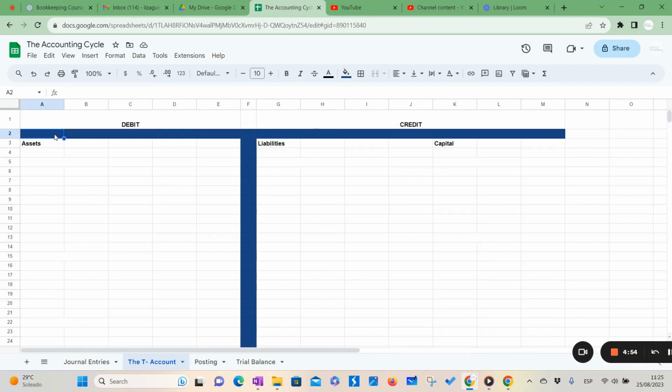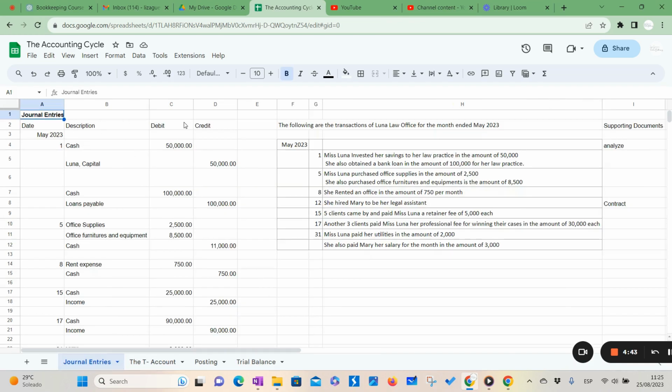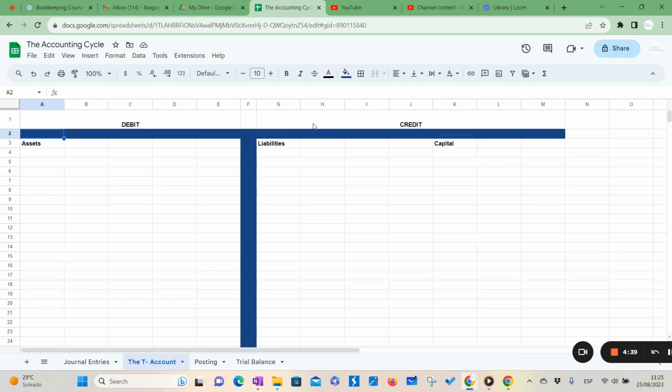So this is an example of a T account. We are going to use this to record or to post the journal entries for Luna Law Office here. So as you can see, the T account resembles the general ledger of a business.